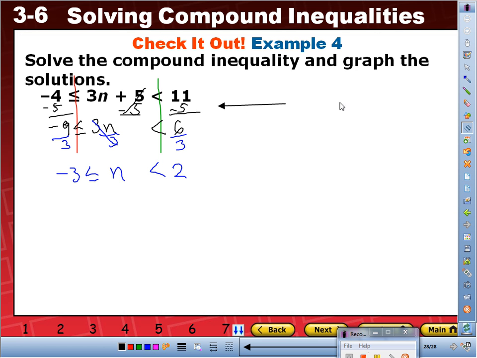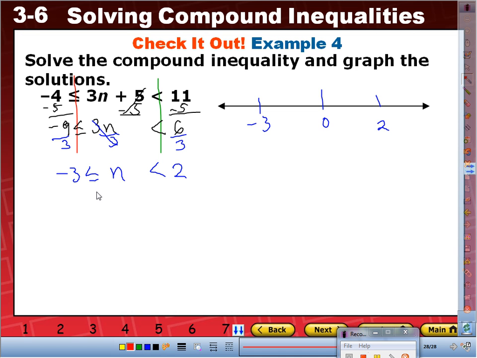From there, our graph: I got 0, negative 3, and 2. I'm going to graph this first part in red. It includes the point. Yes. Negative 3 is less than or equal to n. Negative 3 is less than which numbers? All the ones to the right.